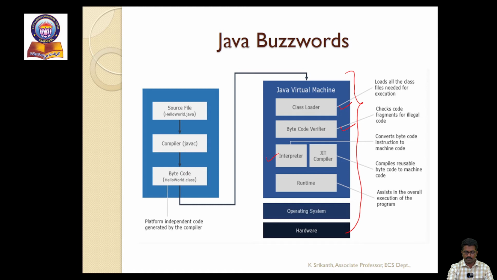We have an interpreter to convert the bytecode into machine code with the help of the JIT compiler to improve the performance of the application, and the application is run on the runtime environment with the help of the operating system and hardware. So because of the JVM, the language is very secure, because the application is run within the JVM environment.